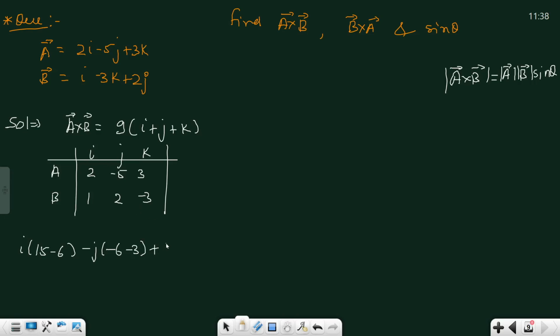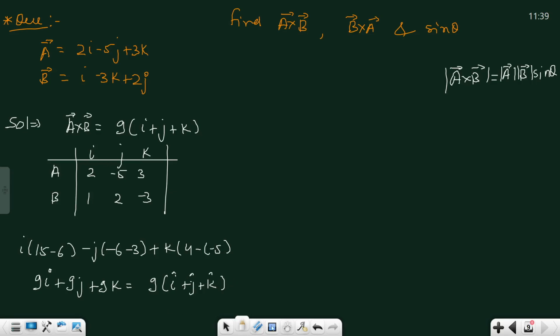Then the last one, k: 2 into 2 is 4, minus 5 into 1 is minus 5, so 4 plus 5 is 9. So this will be 9i plus 9j plus 9k. So this is the correct answer: 9(i plus j plus k).